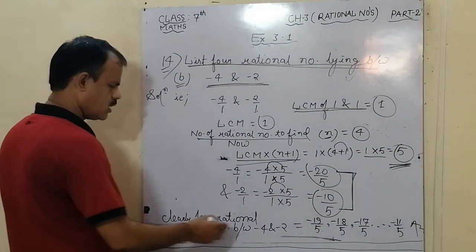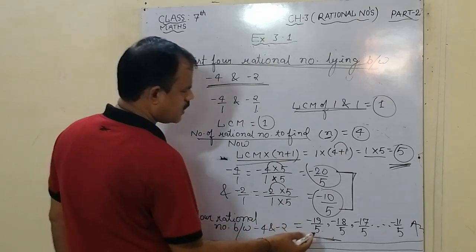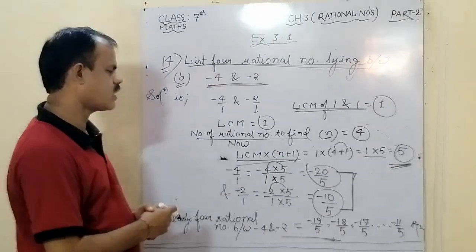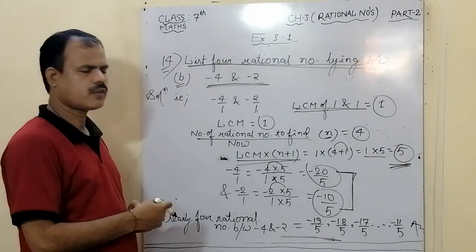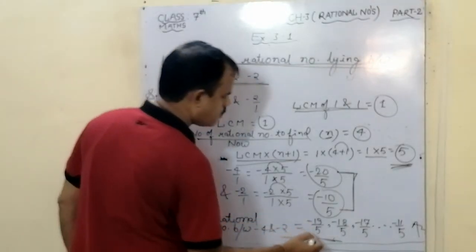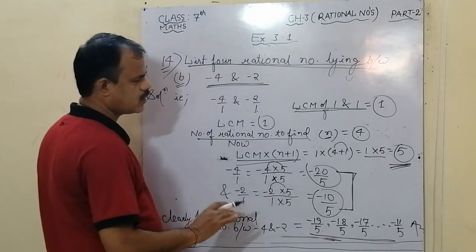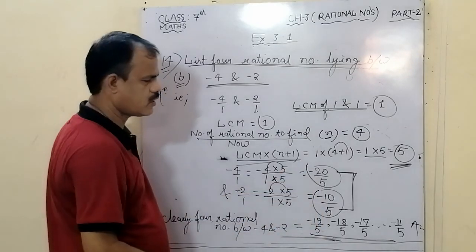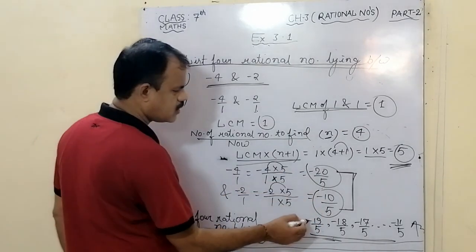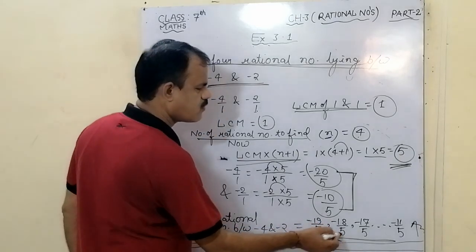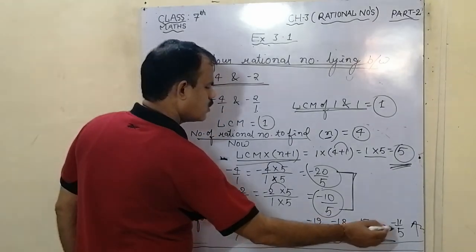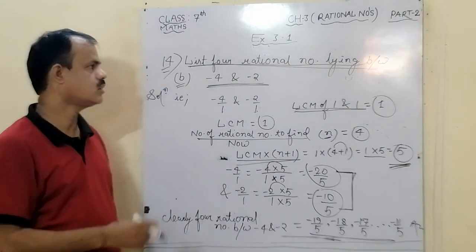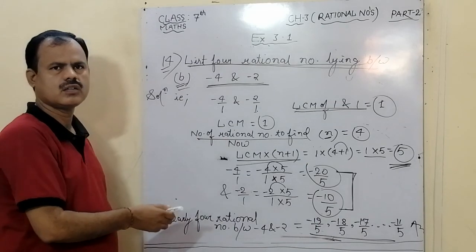So clearly, -10 by 5 means -11 by 5, -12 by 5, -13 by 5, -14 by 5, up to -19 by 5. So many numbers are there, and you have to write only 4 numbers between -10 by 5 and -20 by 5. So I write here -19 by 5, -18 by 5, -17 by 5, and -11 by 5. In this way you have to solve these questions. Okay, remaining part.